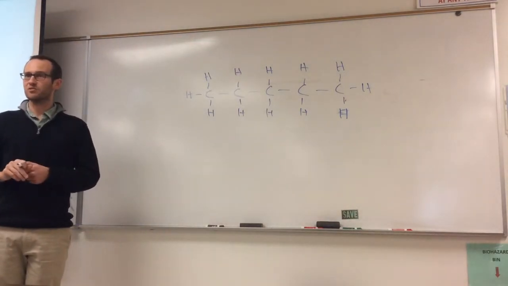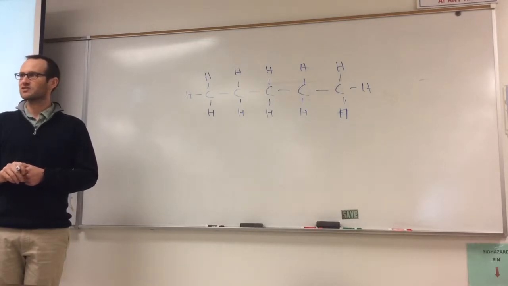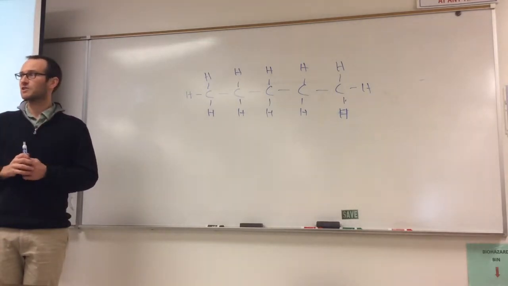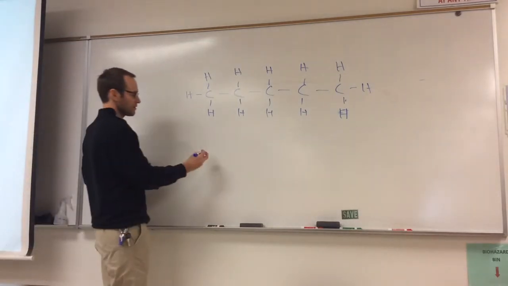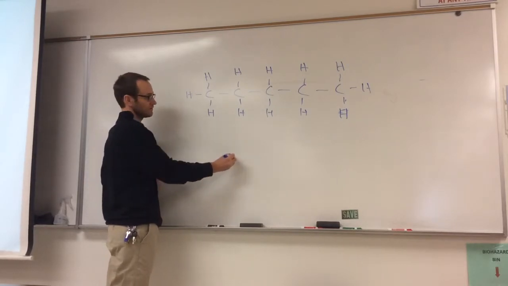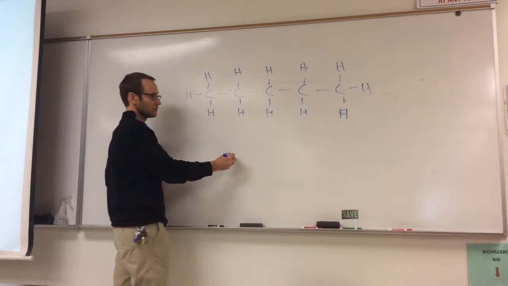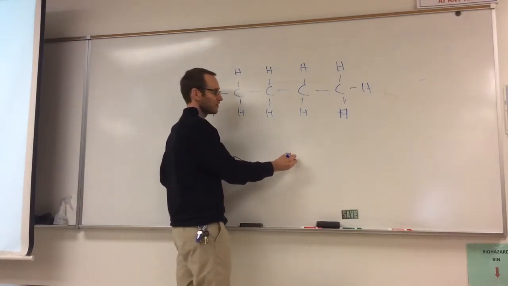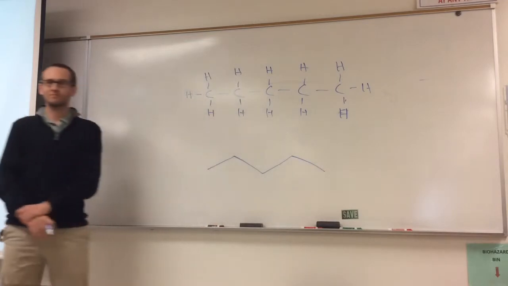So what we do to abbreviate when we draw chemical structures, and this is something you just have to get used to seeing, like seeing through the lines to what's going on with the atoms, is we abbreviate this molecule like this. Carbon, carbon number 2, carbon number 3, carbon number 4, carbon number 5.